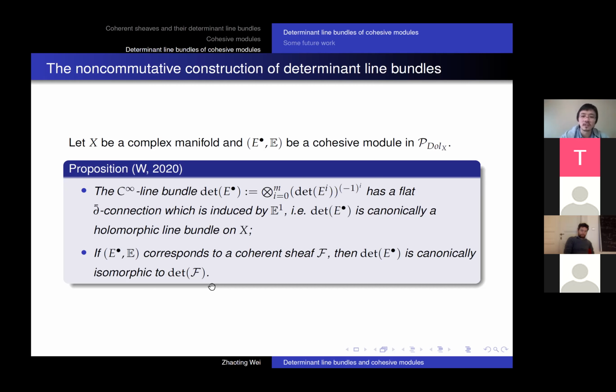The only difficulty is whether the tensor product on the right-hand side is holomorphic or not. In the framework of the Koszul-Malgrange theorem, the only thing we need is, do we have a flat D-bar connection on the right-hand side? That's the only thing we need to prove.